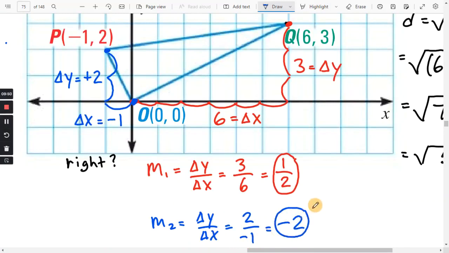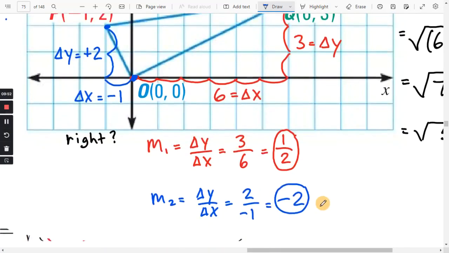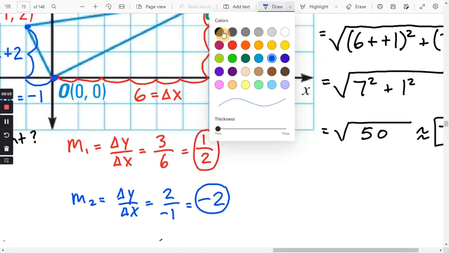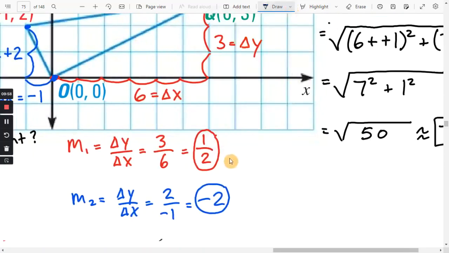So I think those are perpendicular slopes. Let's see. To find the negative reciprocal, you flip it. So we take either one of these. I'll take the 1/2. Flip it. That becomes 2/1. And change the sign. This is positive, this is negative. Does negative 2/1 match negative 2? Yes. That means they are perpendicular.